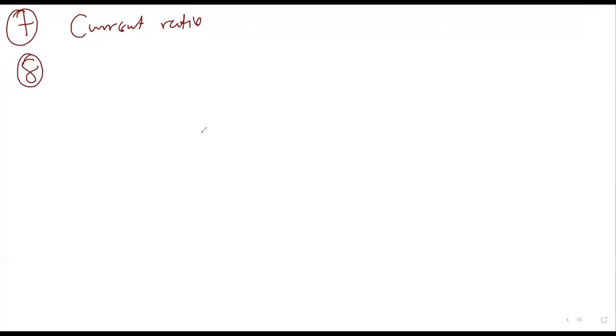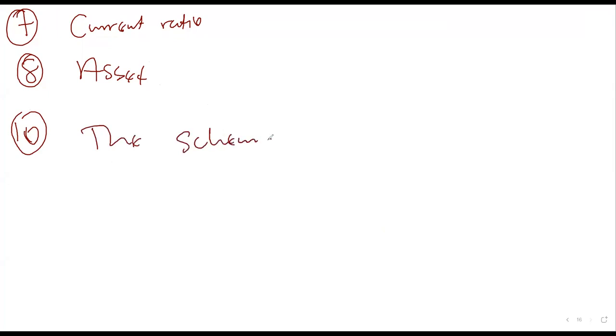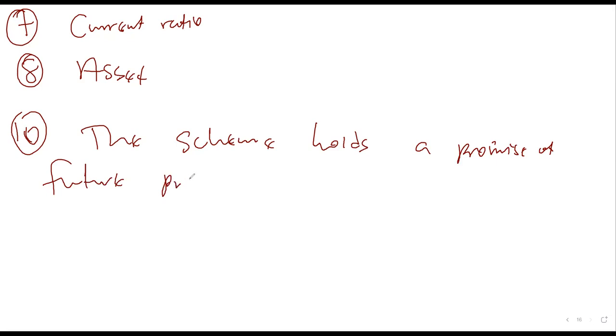Inventory and trade receivable, all of them. The assets will be stated at their going concern value. Then number 10 tells us that the scheme holds a promise of future profit.